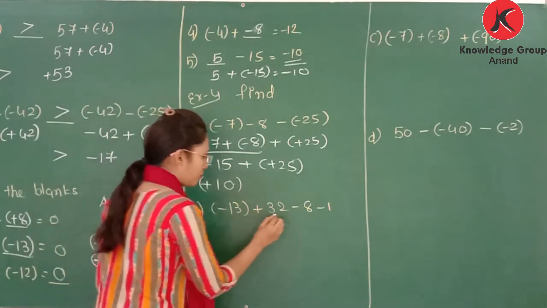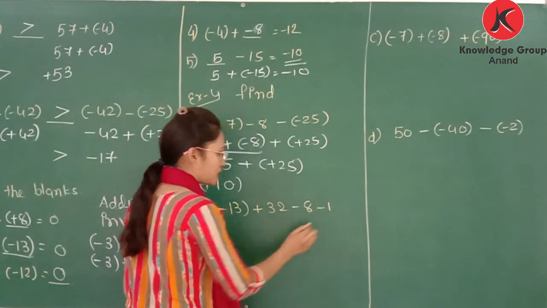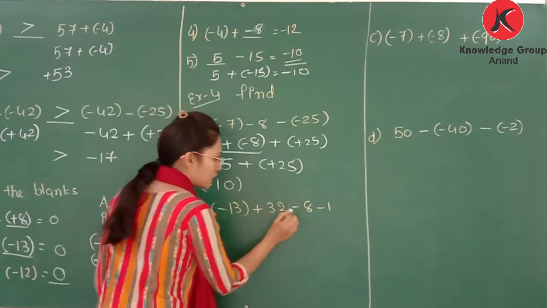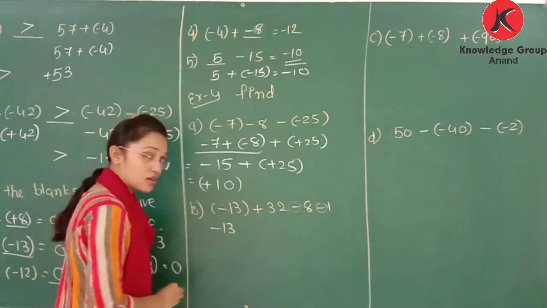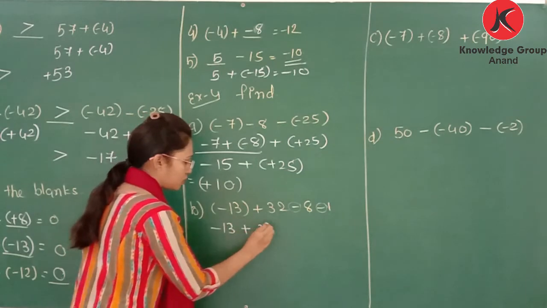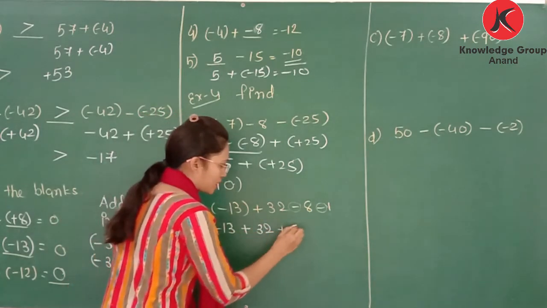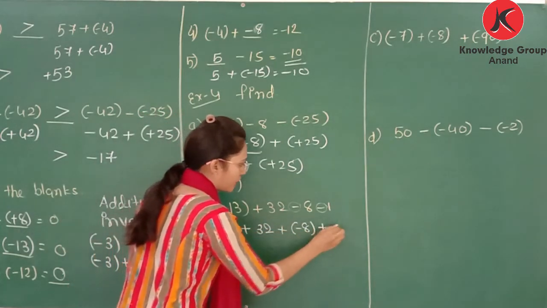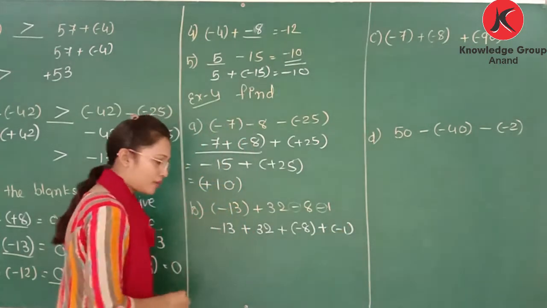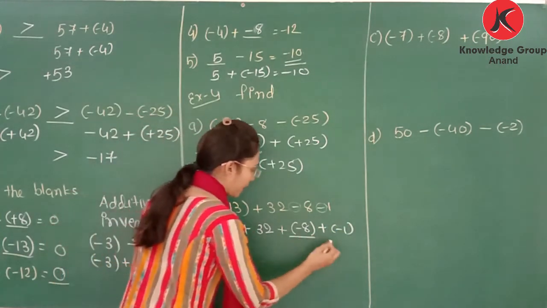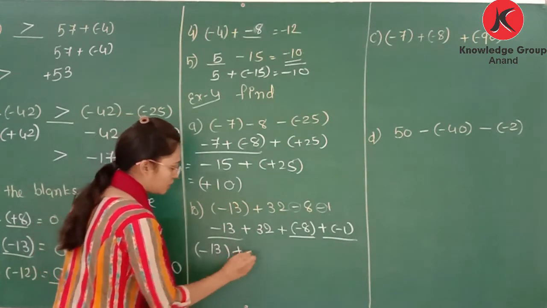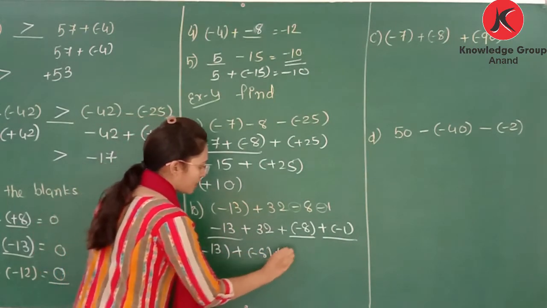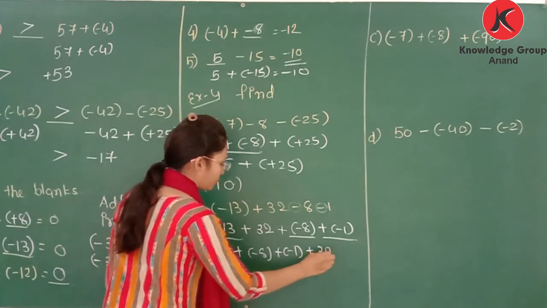Minus 30 plus 32 minus 8 minus 1. So what we need to do? Change this negative sign into addition. Minus 30 plus 32 plus minus 8 plus minus 1. Now numbers with the same sign. Minus 13, minus 8 and minus 1. So group it. Minus 13 plus minus 8 plus minus 1, plus 13.